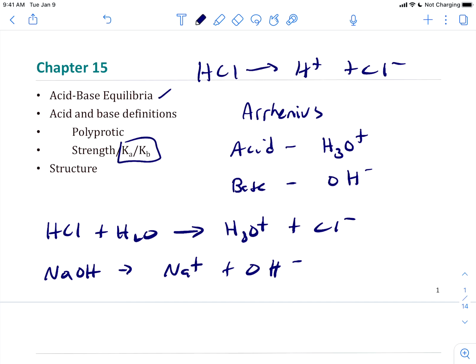Realize that we cannot have an H positive just floating around in solution by itself. Why? Well, because remember, the major isotope of hydrogen is protium, which means it has one proton, 0 neutrons, and of course it has an electron, which means this right here has lost its electron. What's left is just a proton.